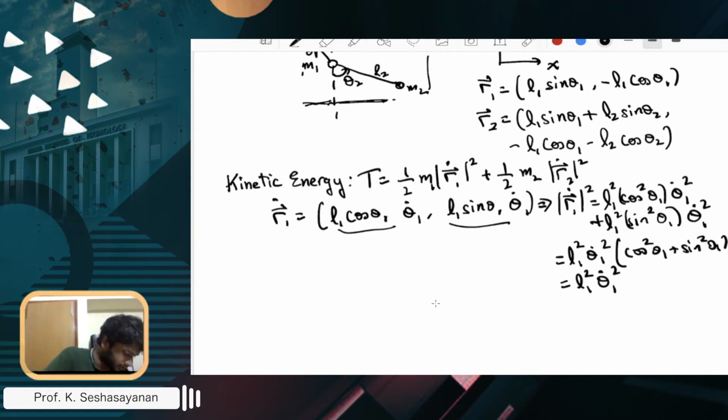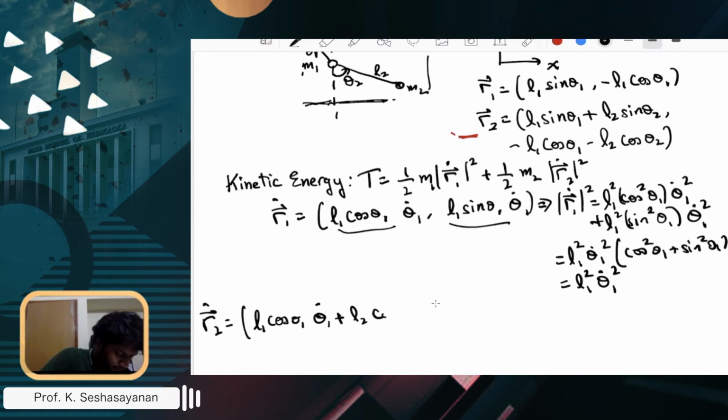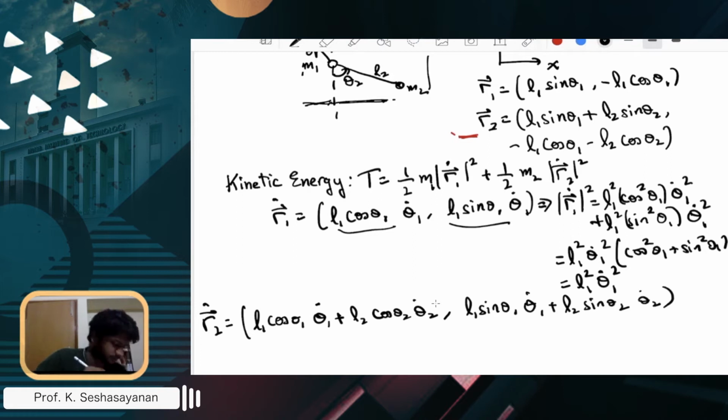Okay, and the next one is r2 dot, nothing but, again you can take derivatives here. So we take derivatives of r2 and we get L1 cos theta 1 theta 1 dot plus L2 cos theta 2 theta 2 dot, and L1 sin theta 1 theta 1 dot plus L2 sin theta 2 theta 2 dot.